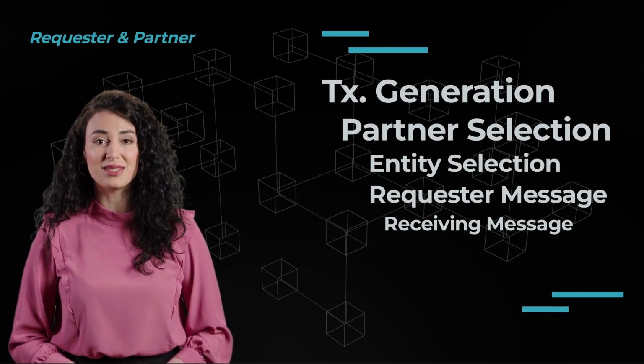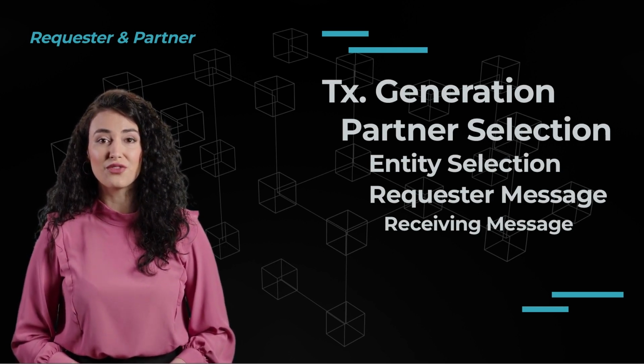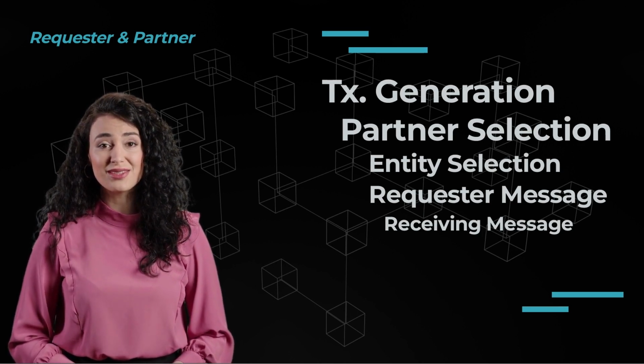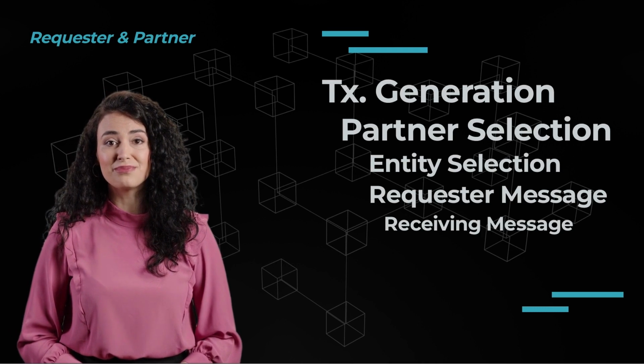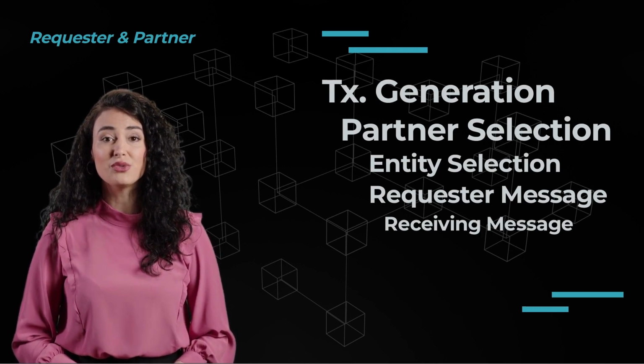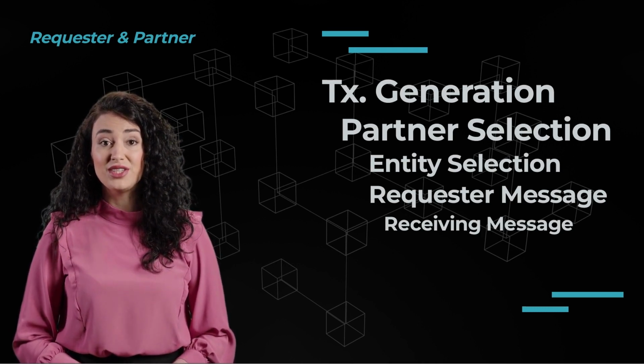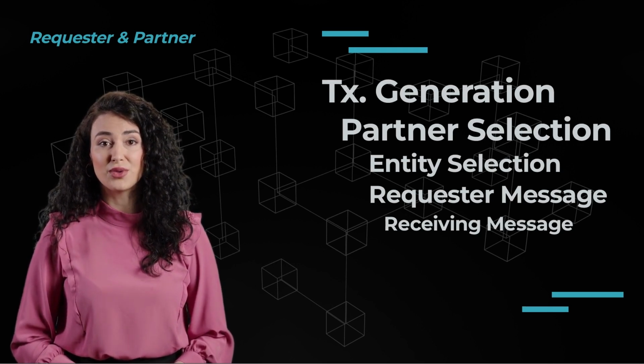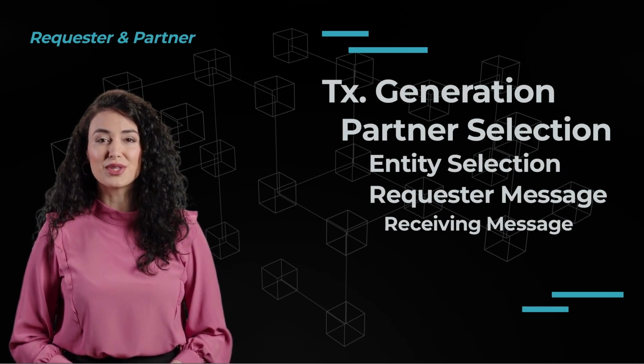In most implementations, one important part of the validation is to evaluate the distance between the requester Peterson and the partner Peterson. To do so, the partner would use the Peterson tracking process mentioned in a previous video to determine the distance in blocks between the requester Peterson and its own Peterson.